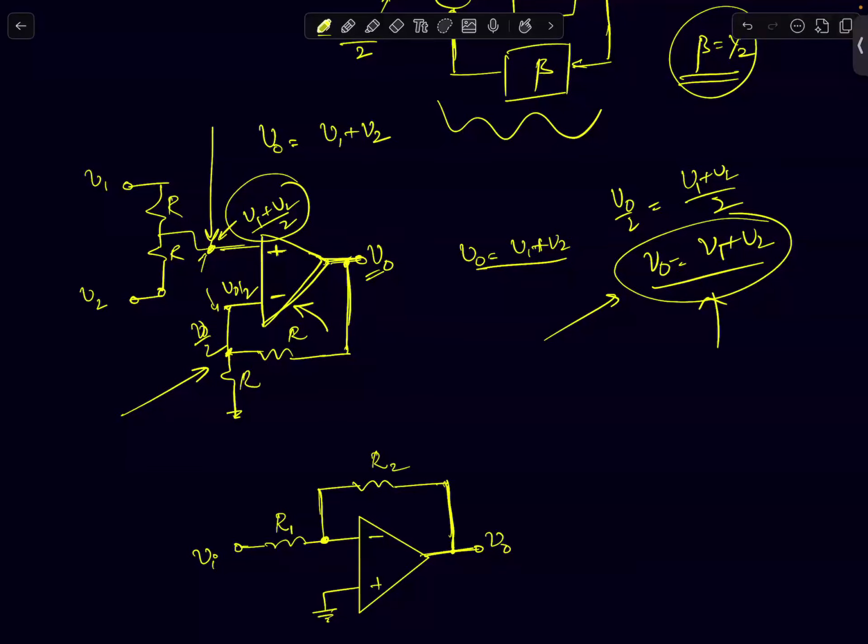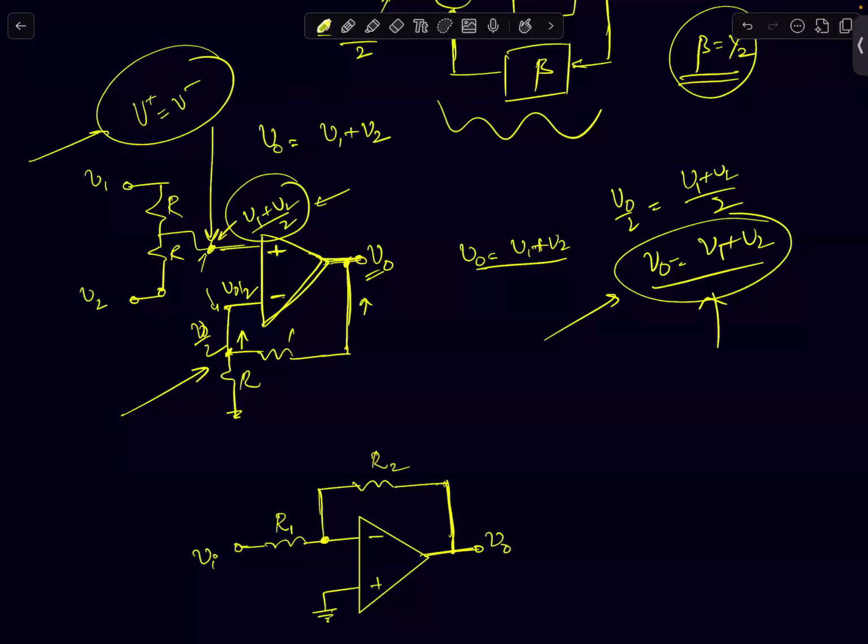Okay. So if I try to increase this node voltage, what will happen? This node voltage will increase. Since it's negative, this will decrease. So the circuit is a negative feedback. The moment I know the circuit is a negative feedback, I can apply this rule. What is that? That V plus will be equal to V minus.